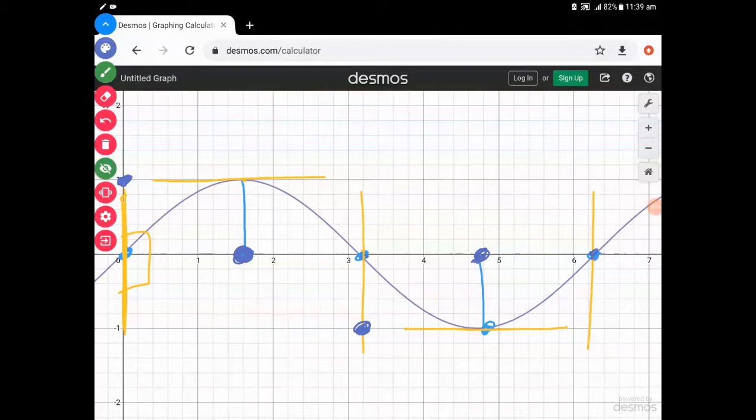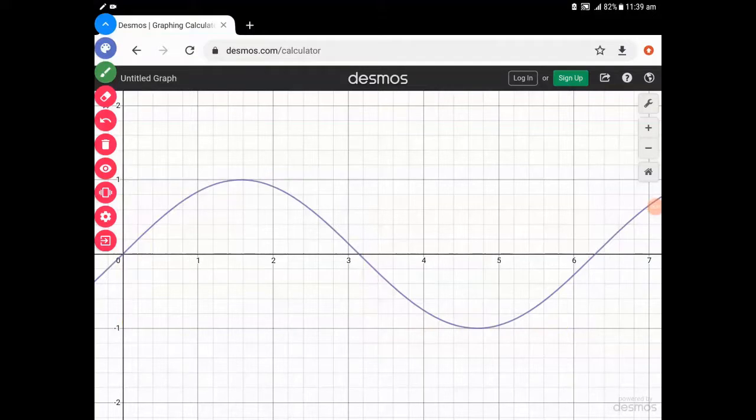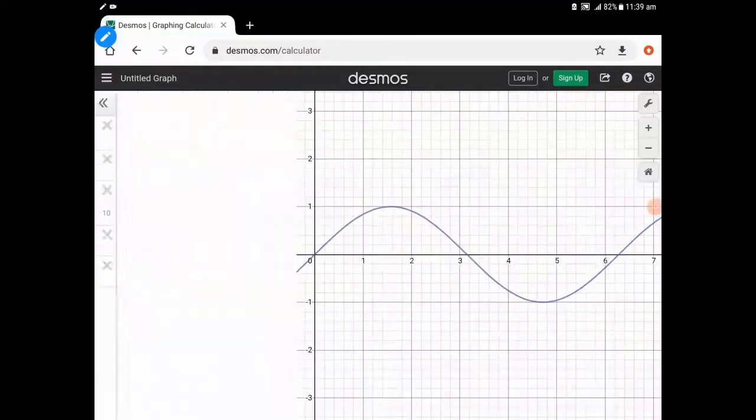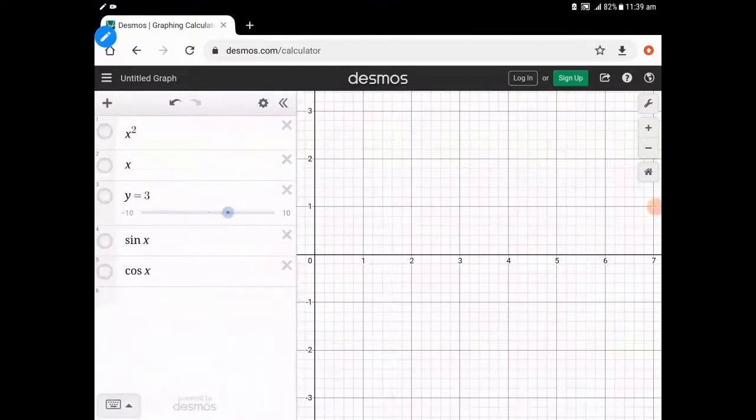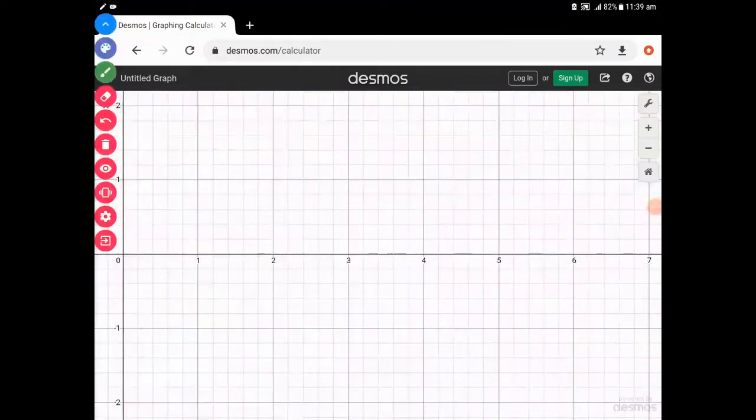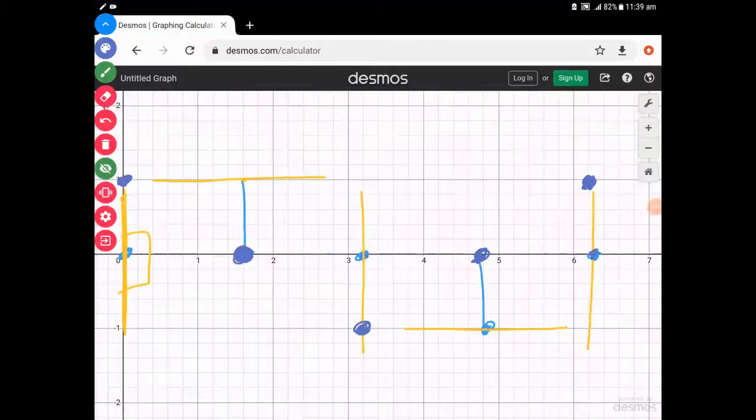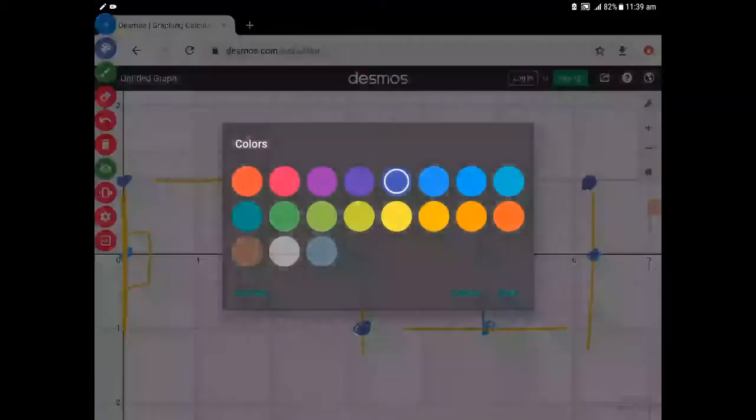So here this will be 1. Yeah, I have marked the points now. Now let me draw the graph. I will take the sin x graph off for some time, don't worry, I'll bring it back, and bring back our points, and now we will try joining the points.